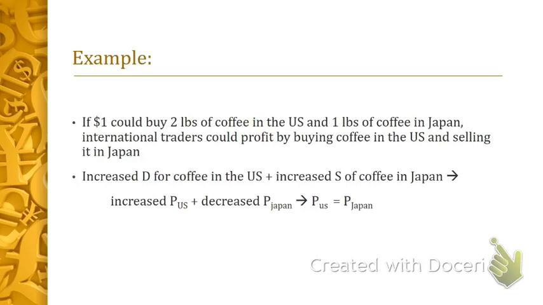Increased demand for coffee in the U.S. and increased supply of coffee in Japan lead to an increased price in the U.S. and a decreased price in Japan, until the price in the U.S. equals the price in Japan. All right? Make sense? Okay. Everybody got it?